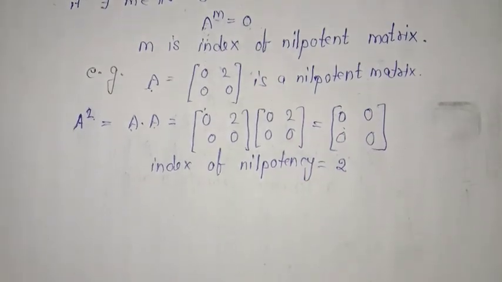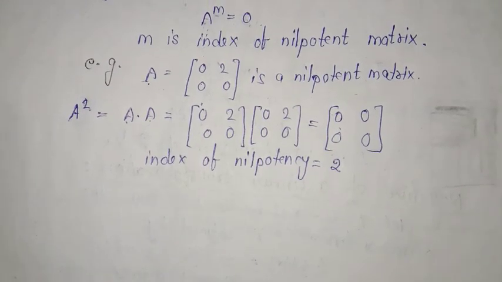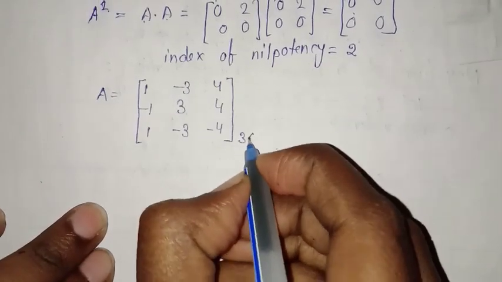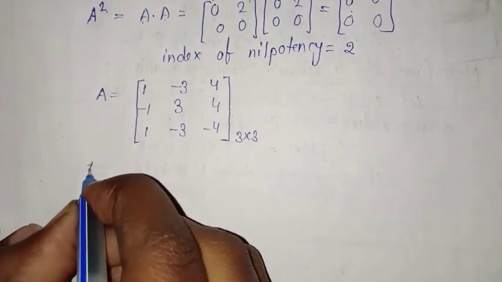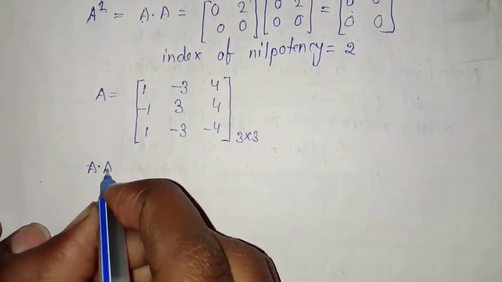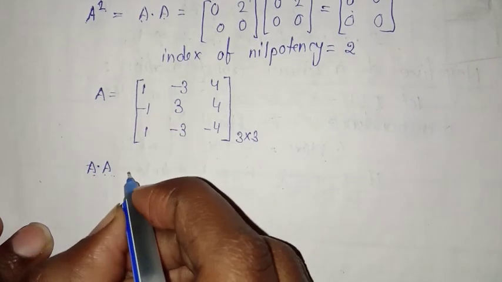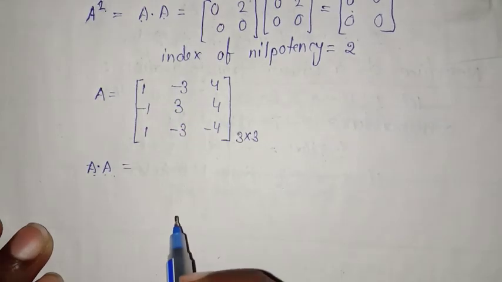Now I will take one more example of a nilpotent matrix, and this matrix is very important for competitive exams. Now our second example is a 3 cross 3 matrix in which all entries are non-zero. Now if we want to check whether the matrix is nilpotent or not, we have to multiply the matrix with itself, and we continue this process until it becomes a null matrix of order 3.